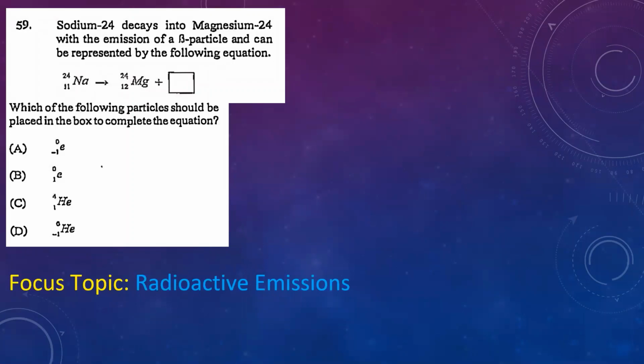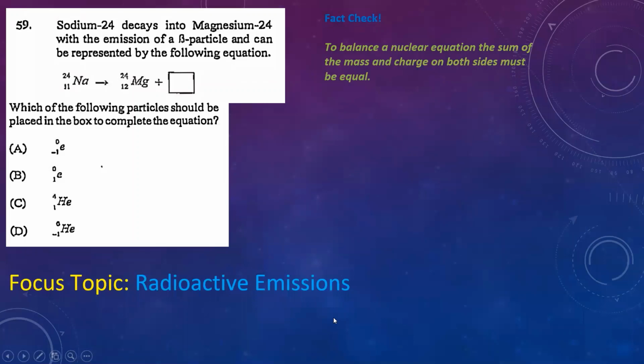Now, whenever we write equations, we need to make sure that we balance them in terms of mass and charge. So when we look at that, we know that the missing number at the top is 0 and -1 would be at the bottom. So C and D would be eliminated because helium nuclei don't have those characteristics. So that would leave A for our answer.